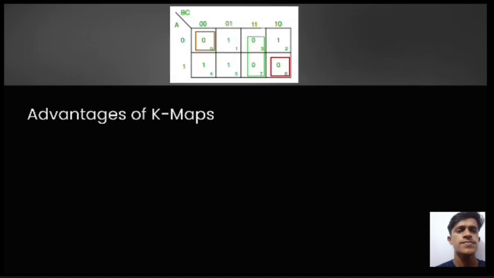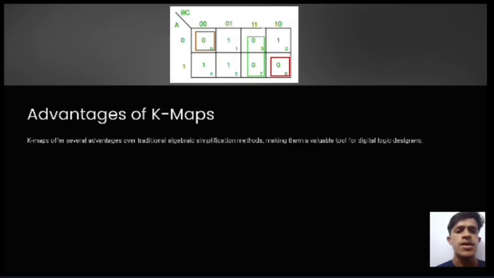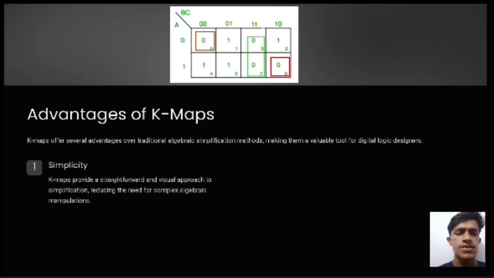Next, advantages of K-maps. K-maps offer several advantages over traditional algebraic simplification methods, making them a valuable tool for digital logic designers. First, simplicity. K-maps provide a straightforward and visual approach to simplification, reducing the need for complex algebraic manipulation.